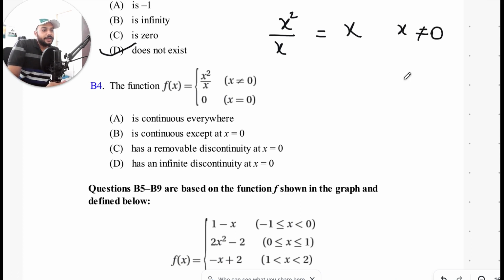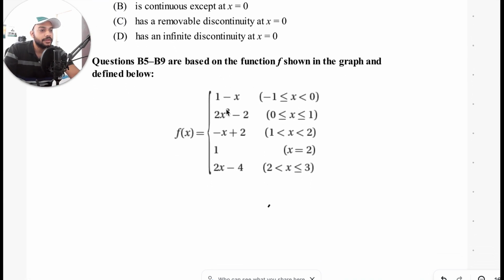Now, x tending to 0 from the left hand side will give 0. x tending to 0 from the right hand side will again give 0. And at x equal to 0, it is defined to be 0. So it is basically continuous. There is no other point of discontinuity. So it is continuous everywhere.